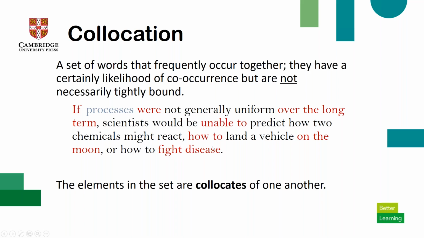Unable to, how to, on the moon, fight disease. These are all items where you've got independent vocabulary items that are not so closely related that they form a new vocabulary item, but they are very, very frequent cohabitors in a sentence. And they are, as we say, collocates of one another.